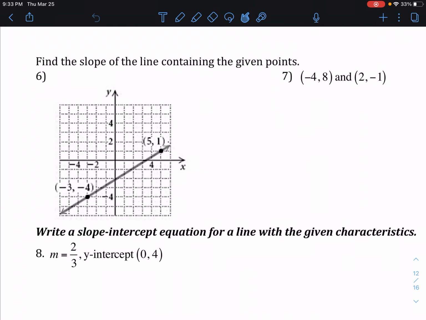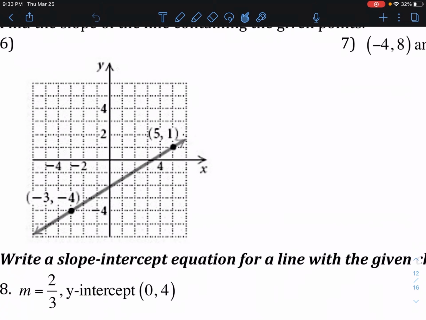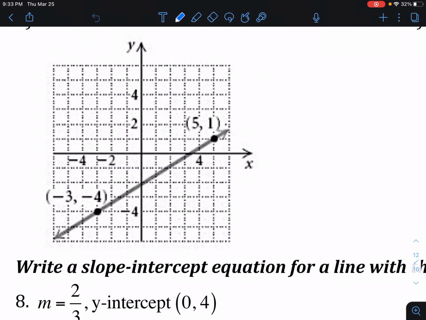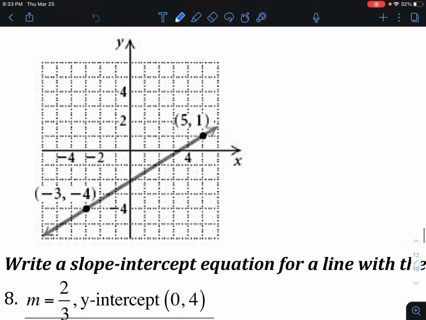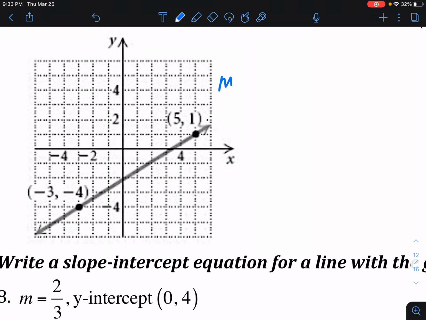So find the slope containing the given points. You're supposed to use the slope formula here. Slope is, subtract the y's on the top. So this will be x1, y1, and down here is x2, y2.